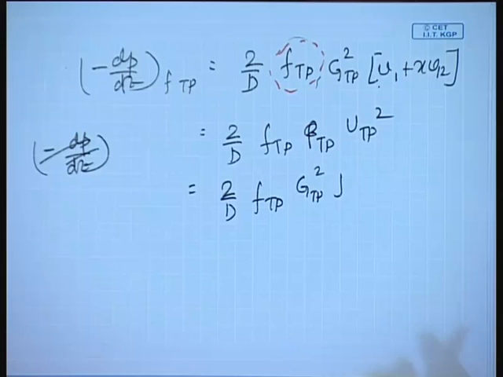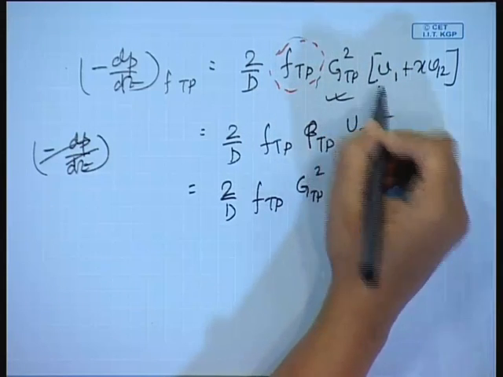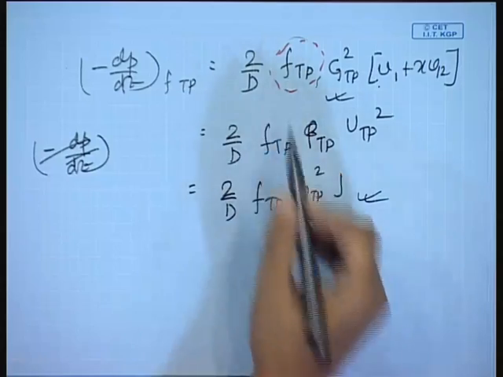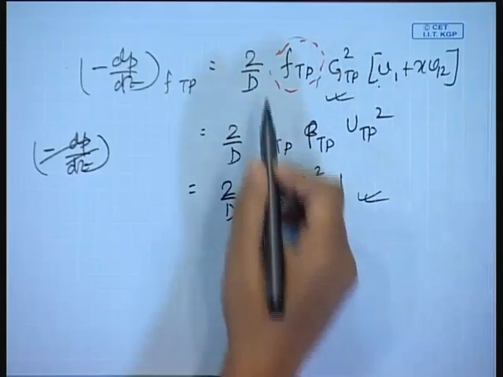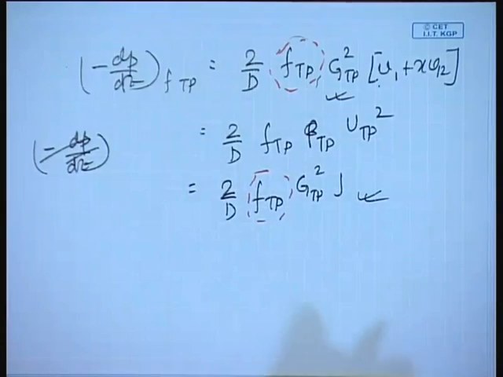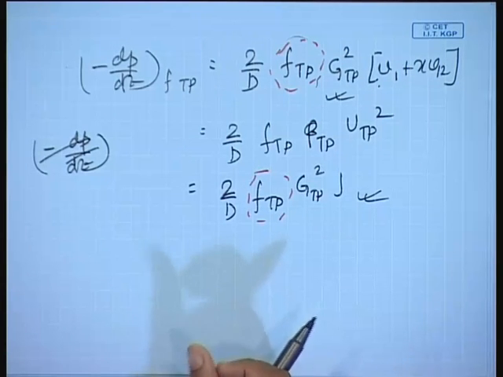It just depends on the availability of the data in which form you would like to express. So, we can either take up this particular form or this particular form. Whatever form you take, you find all the terms you know except the equivalent friction factor. Fine. So, this was all I had to say about the frictional pressure gradient.